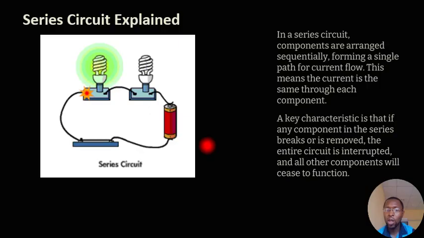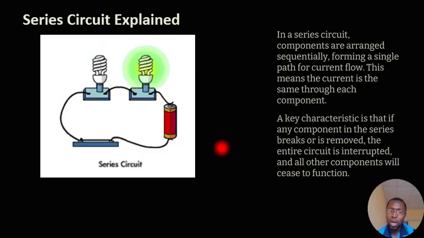So that's one demerit about series arrangement. When one of the loads is faulty, automatically it affects the other because the current can no longer flow around anymore. So in series connection, when one breaks, it affects the entire circuit flow. So all the components will stop working.